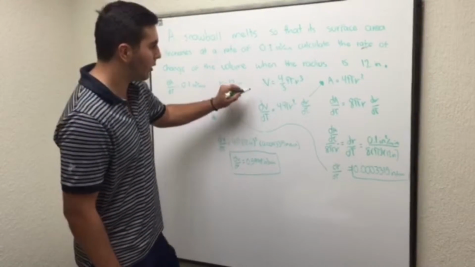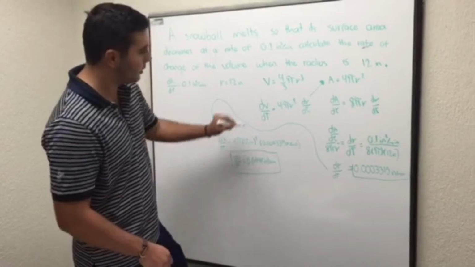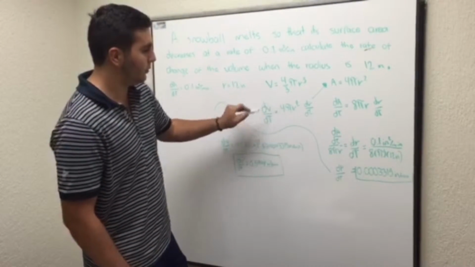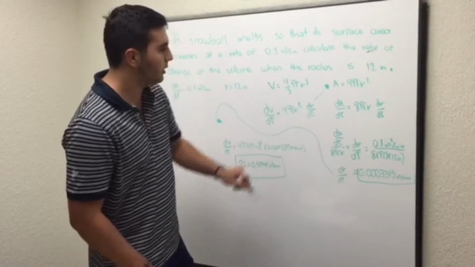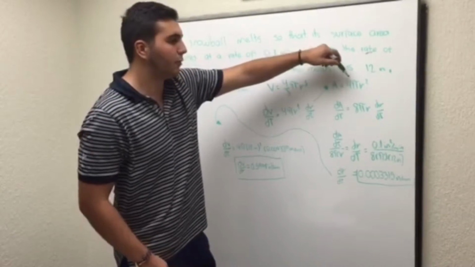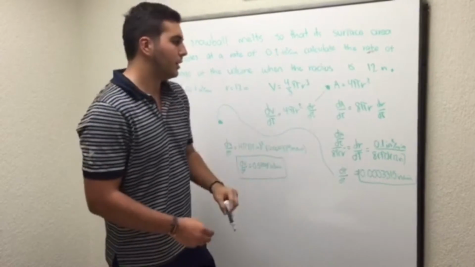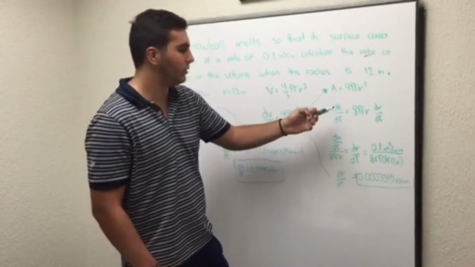So we already have our derivative formula for the volume, but we know that in this formula we need to have this part also. So we go to the formula of the area, that is 4 pi radius squared. When we have this formula, we need to derive it also.